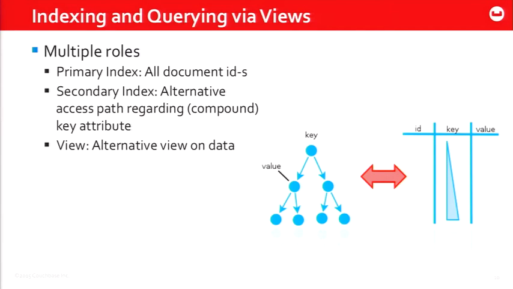So this slide shows you that a view currently has multiple roles. You can use it as a primary index. If you use it as a primary index, you just emit every ID which fits your condition.